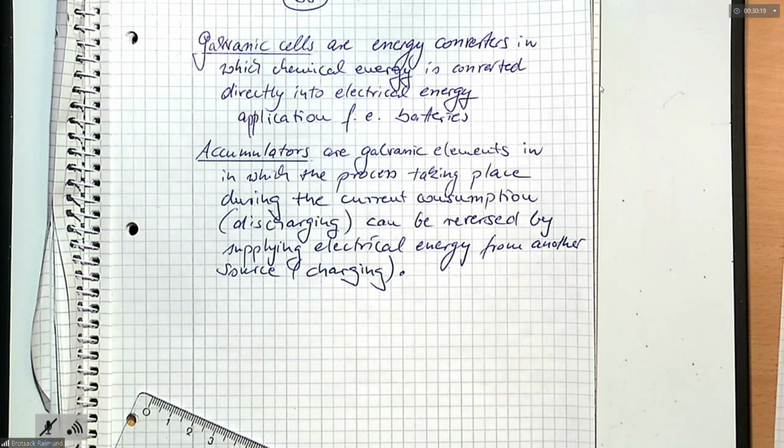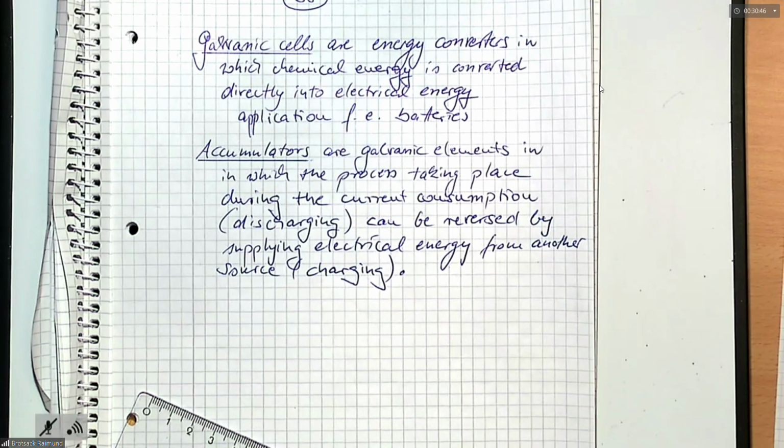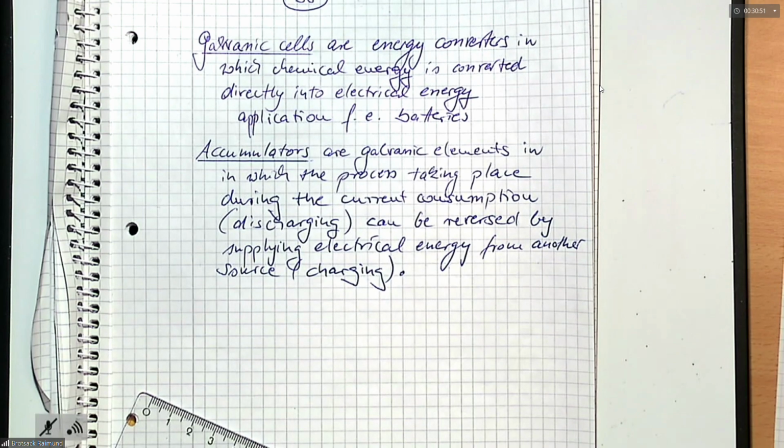Do you know the most common battery systems? What is it? Lithium ion, yes, that's an accumulator because we can recharge it. And that is quite a complex system, the lithium ion. You know, lithium, okay, normally it will be oxidized because lithium is not very noble. It is in the alkali elements in the first column of the periodic table.